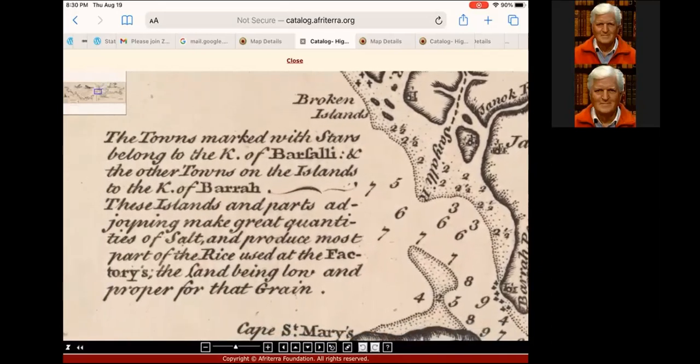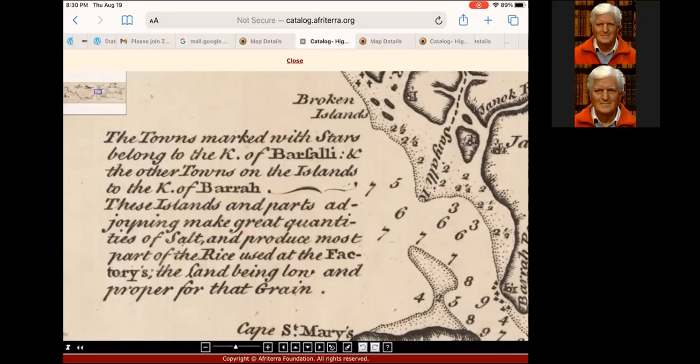Like this one. The towns marked with stars belong to the king of Barsali, and the other towns on the island to the king of Bara. These islands and parts adjoining make great quantities of salt and produce most part of the rice used at the factories, the land being low and proper for that grain.